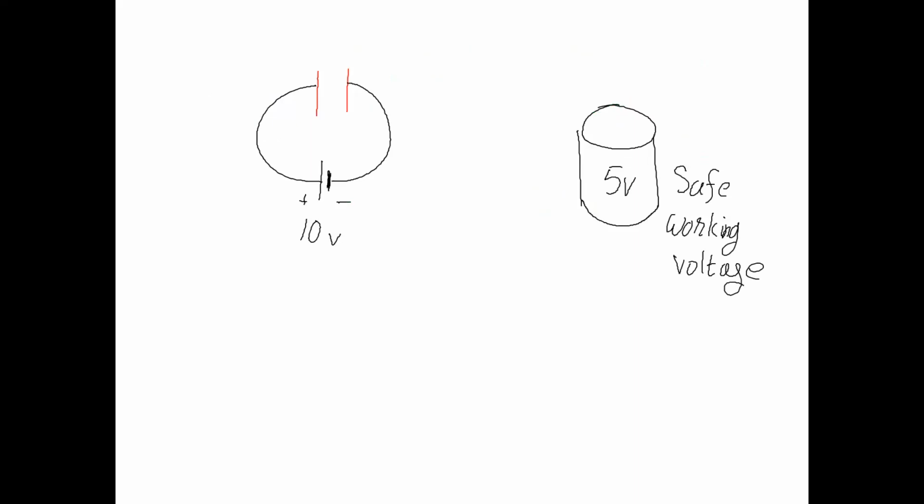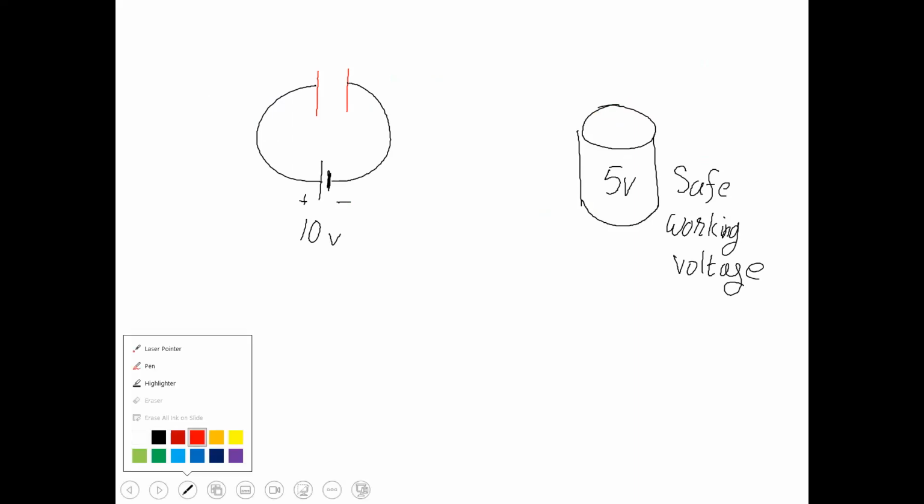Now, for example, this is a capacitor and it is connected to 10 volt, but the capacitor has a safe working voltage of 5 volt. So it is not safe to connect it.